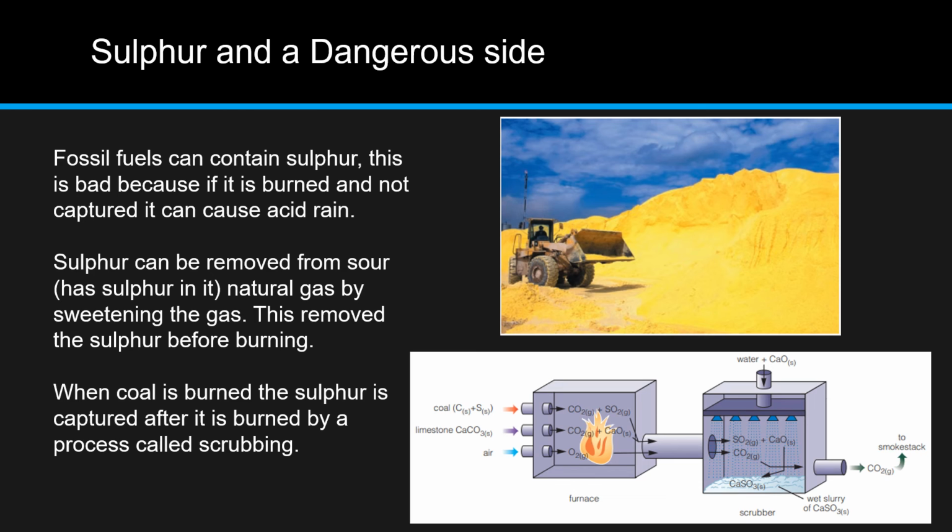So instead of releasing it as they burn it, you can see it enters in through here, and instead of adding limestone to it as an after process, they add it in there, and before they exhaust it, they collect all the heat, and they rinse it and bathe it in a limestone mix, a big slurry, and it captures all that SO2 and it turns into acid rain in this chamber, and then they can vent out the CO2, because we still can't stop the CO2, but at least we can maybe stop this acid rain from happening.